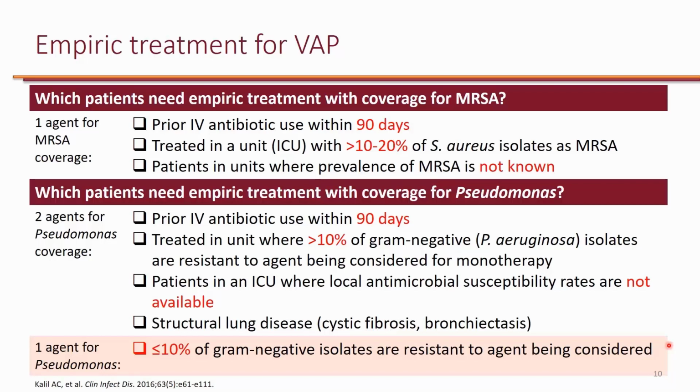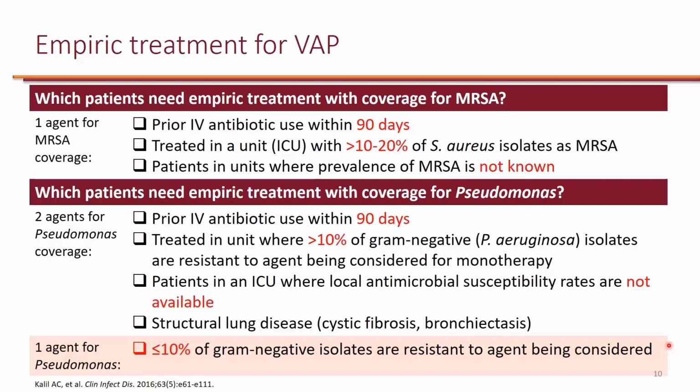Also, patients with VAP who are being treated in ICUs where the prevalence of MRSA is more than 10 to 20%, or if the prevalence of MRSA is not known, these patients need to receive one agent that is active for MRSA.